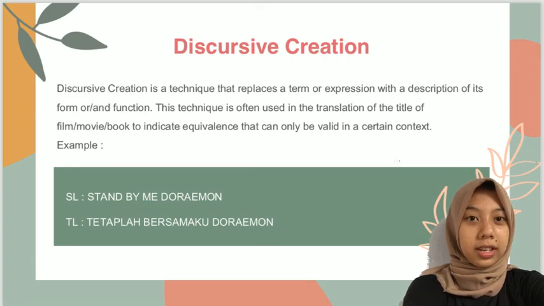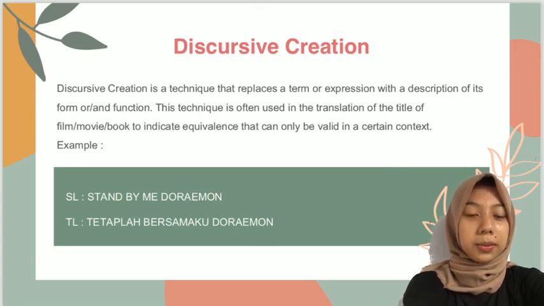Discursive creation is a technique that replaces a term or expression with a description of its form or function. This technique is often used in the translation of the title of a film, movie, or book to indicate an equivalent that can only be valid in a certain context. For example, "Stand By Me Doraemon," the target language, "Tetaplah Bersamaku Doraemon."